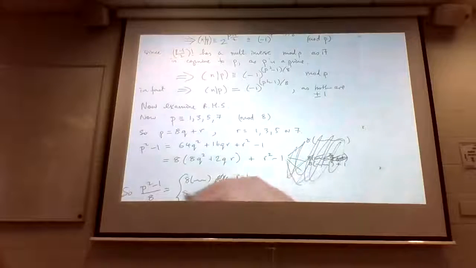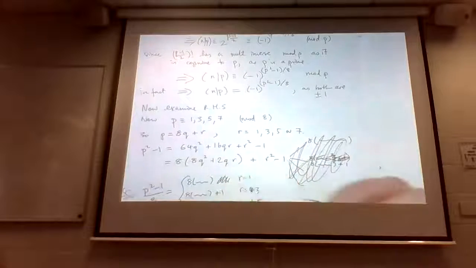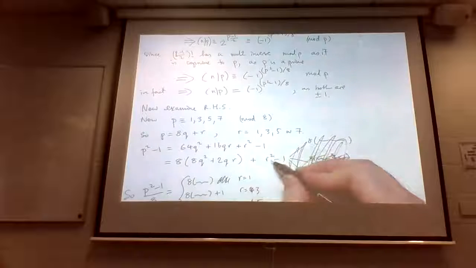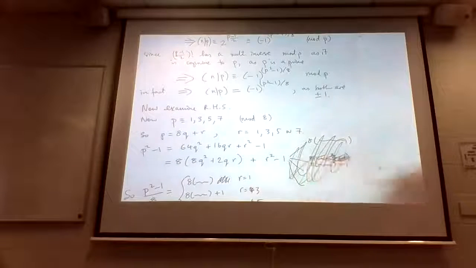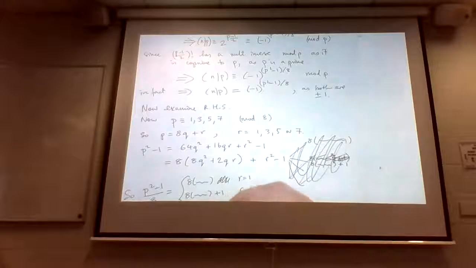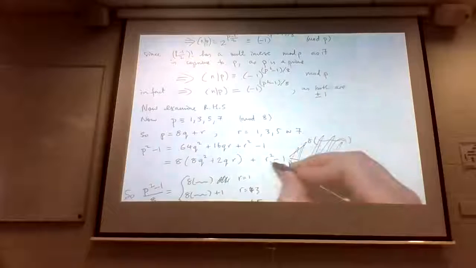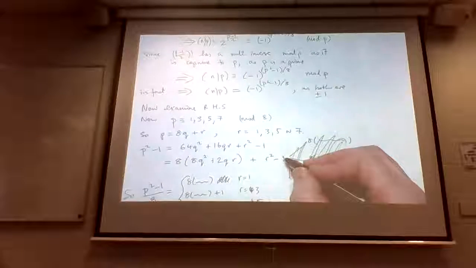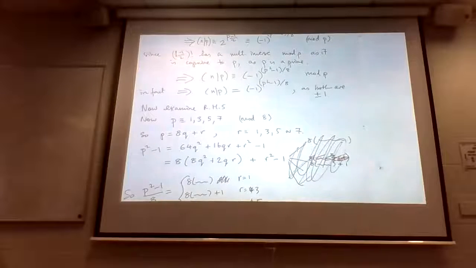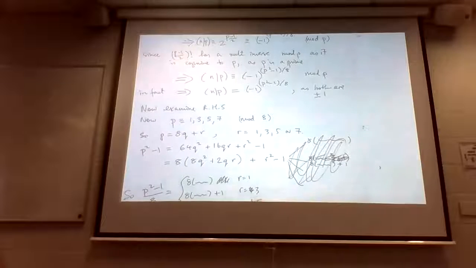When r is 3, we get 8 times the bracket plus 1. Fair enough. When r is 5, what you get here? You get 25 minus 1, or divide 24 by 8, you get 3. So it's 8 times the bracket plus 3. When r is 7, you get 49 minus 1, which is 48. Divide 48 by 8, it's 6. So it's 8 times the bracket plus 6.